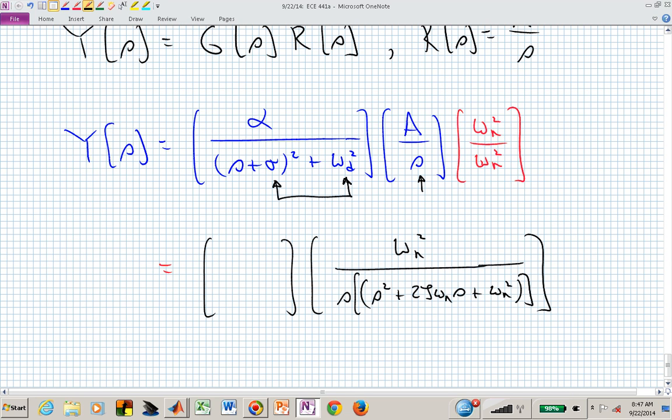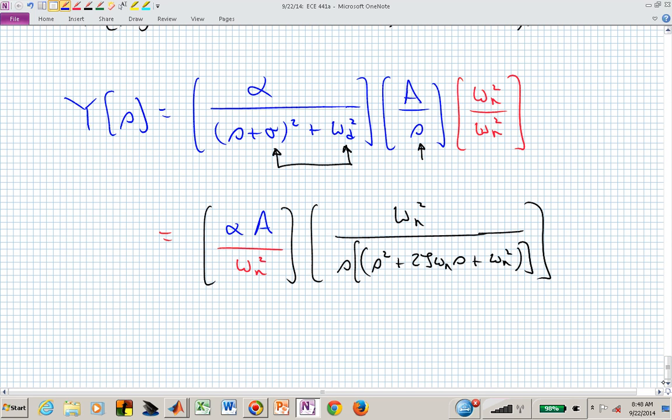What's in my leading black box? In the blue denominator, I have accounted for s, and I've accounted for the first second order polynomial. I haven't accounted for that red omega sub n squared. What else have I not accounted for? I have an A, and I have an alpha. That's just a constant number, isn't it?